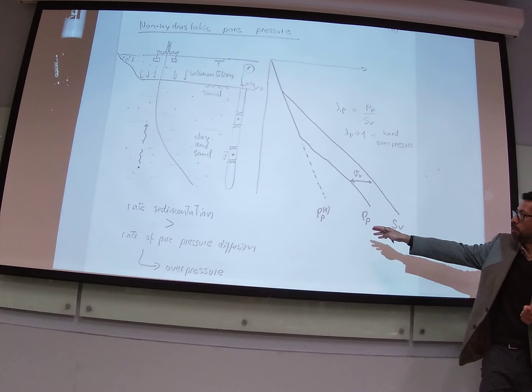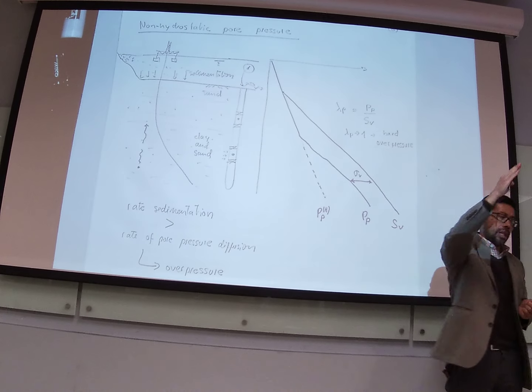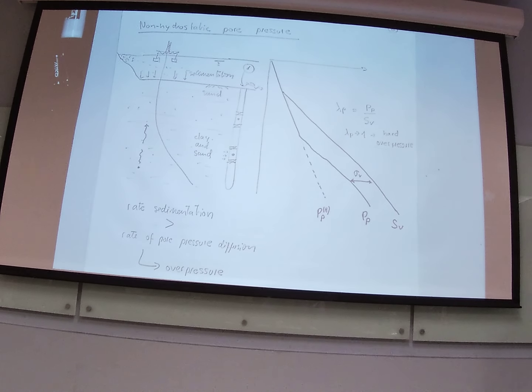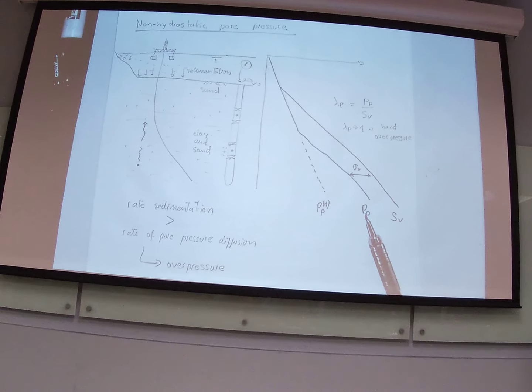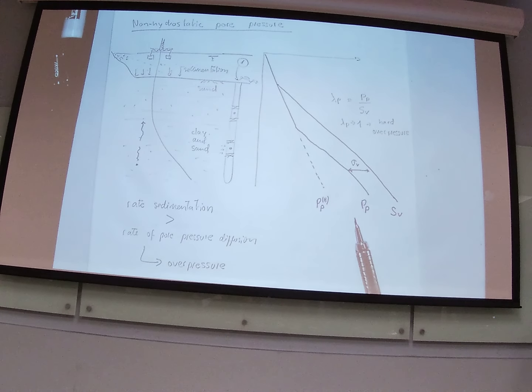And sometimes pore pressure is hydrostatic and follows a linear trend, but some other times it's not going to be hydrostatic. Actually, most times it is not hydrostatic. And there are many reasons why that pressure may not be hydrostatic.